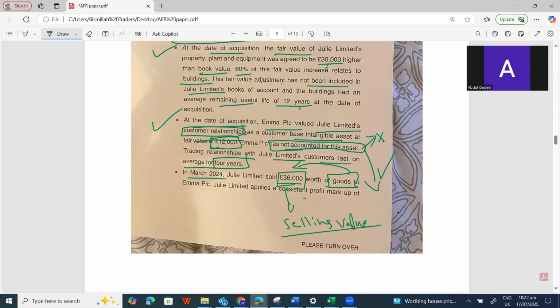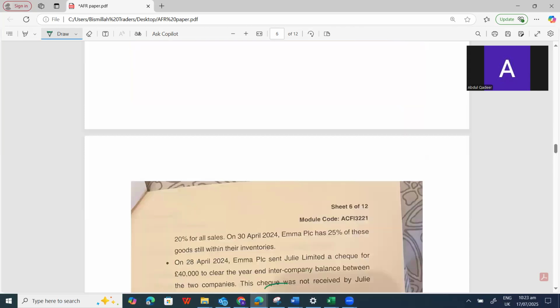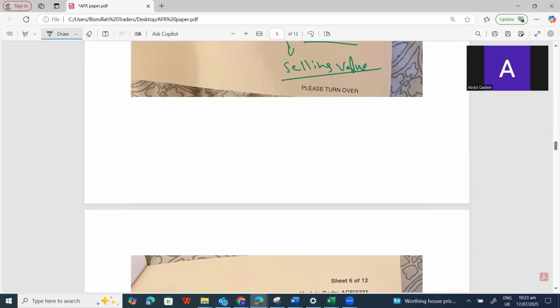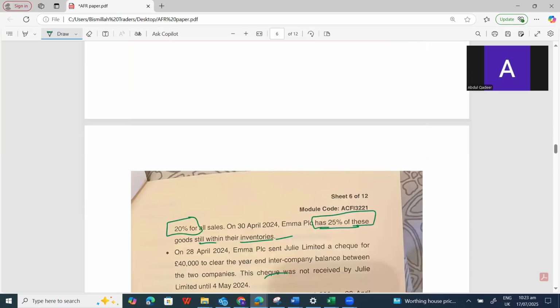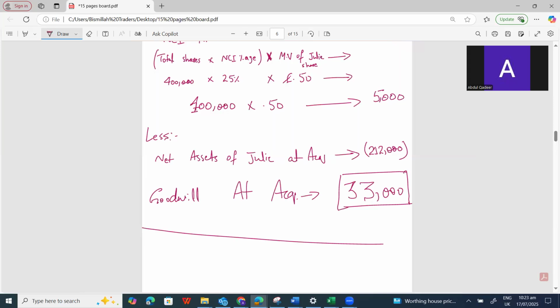They have mentioned a profit markup of 20% for all sales, and that Emma Public Limited has 25% of these goods within their inventories. Three values are important here: 20% markup, 25% remaining, and 36,000 cost.